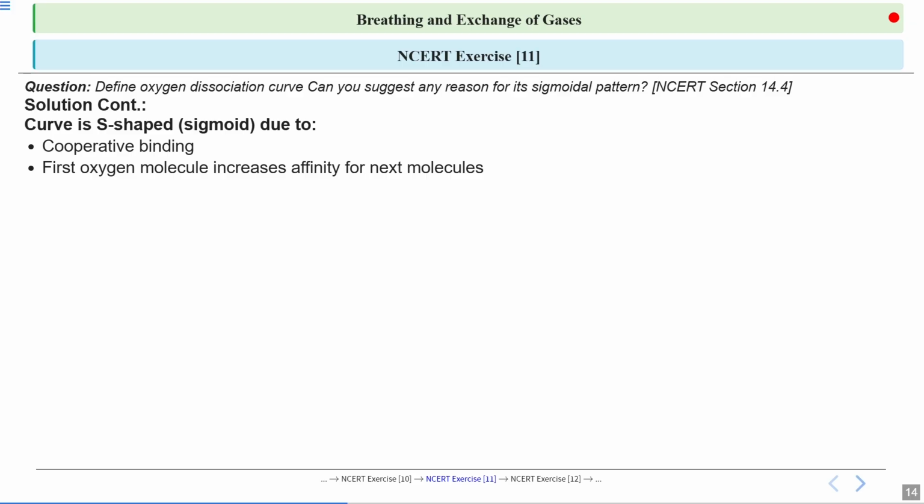Coming back to the binding activity, once the first oxygen binds with the hemoglobin, and you all know, one hemoglobin molecule can carry how many molecules of oxygen? I explained this when we were discussing the theory part of this chapter.